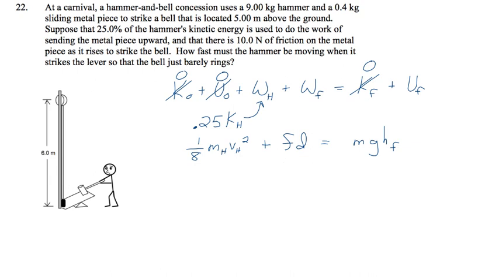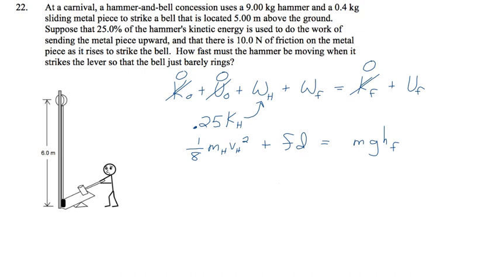So now the unknown in the problem is the velocity of the hammer. So first thing I'm going to do is get rid of the fraction by multiplying by the least common denominator. That's going to distribute the 8 to every term. Then I'm going to move this to the other side, and then I'll divide by m_h and take the square root. So I'll do it in a couple steps.